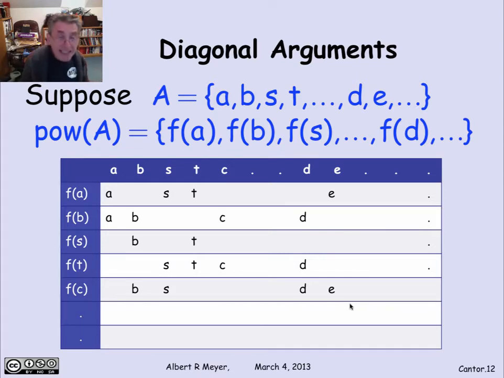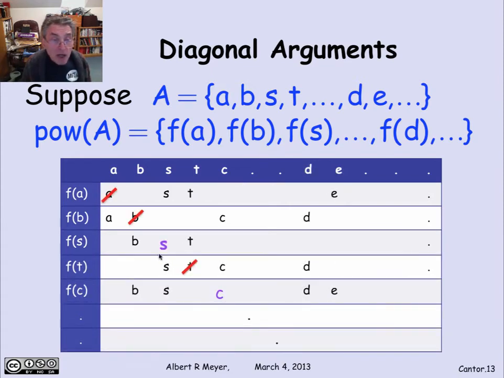And now with this setup, I can define a new set which is not going to be an f. How do I get that? Well, in my new set, I'm not going to have any of the elements that appear on the diagonal. So if A is a member of f of A, that means that A appears in this coordinate. It's not going to be in my set.